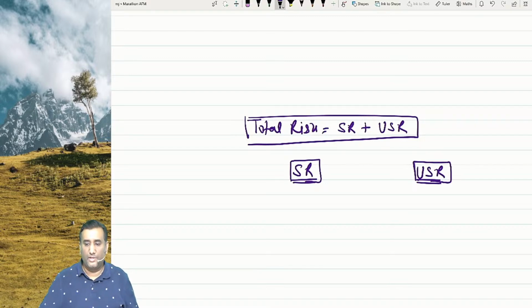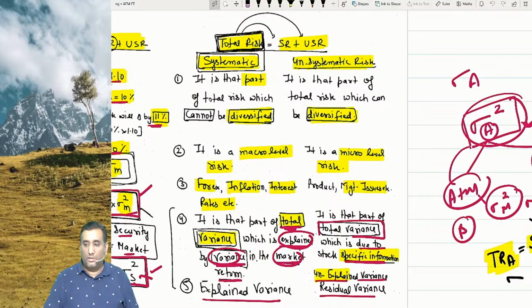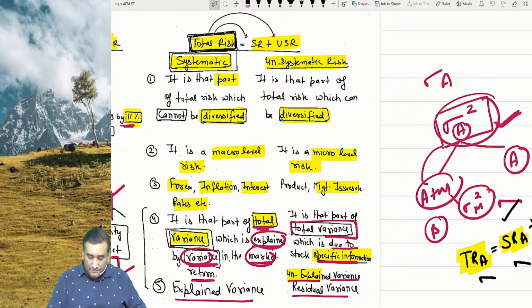Let me show. I have that. Now look at this part here, please.